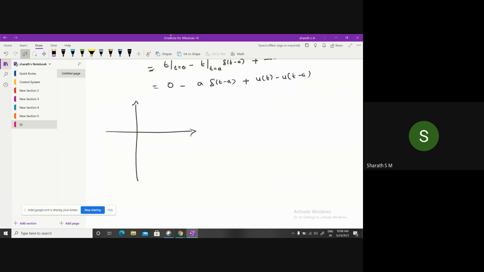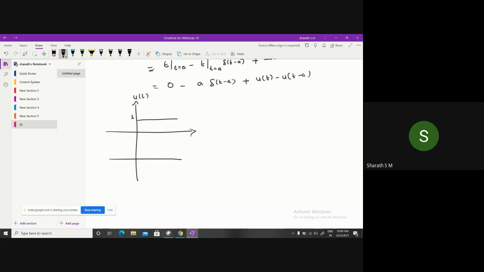What is u of t? How to sketch u of t here? u of t is the unit step function. So how to sketch this one? The amplitude is one, a straight line, from 0 to infinity. Is it from 1 to infinity or from 0 to infinity? 0 to infinity, sir. So this is u of t.